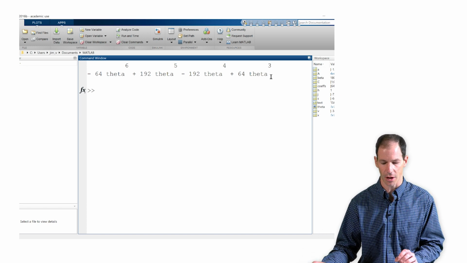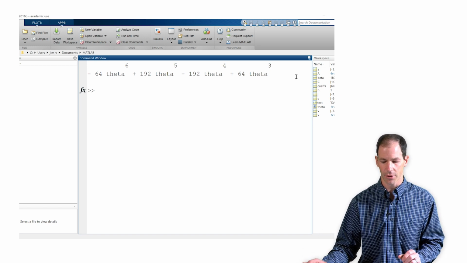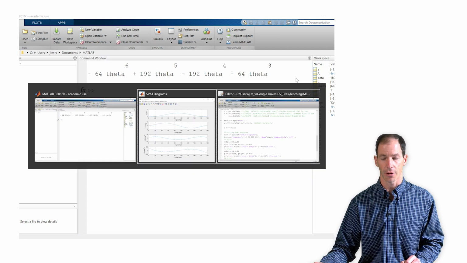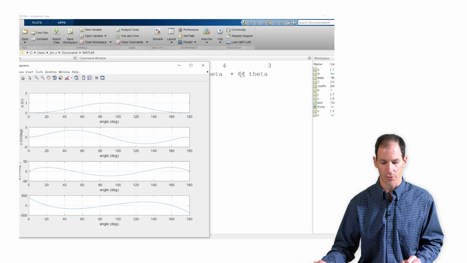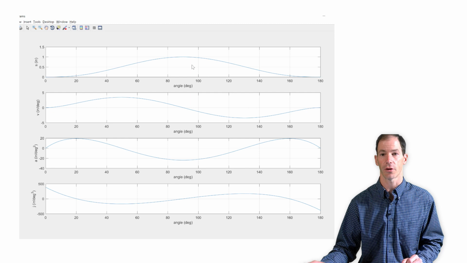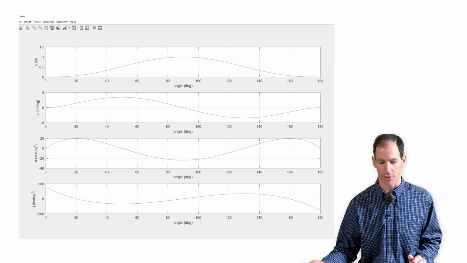Now let me go to my SVAJ diagrams, and this is what the SVAJ diagrams look like, where I'm starting off at a position of 0, ending at a position of 0 so that I can match the dwell. The same thing with the velocity starting and ending at 0, and the acceleration starting and ending at 0.